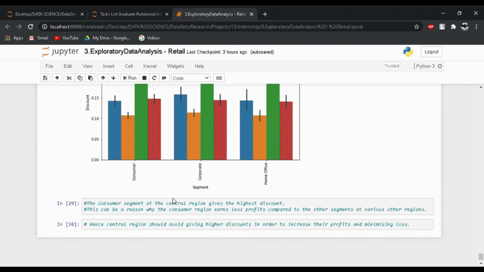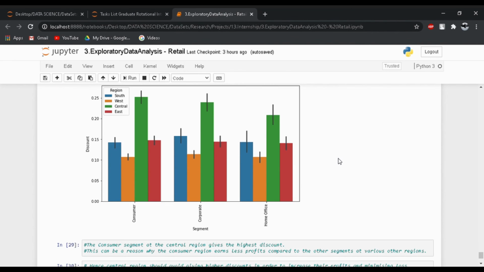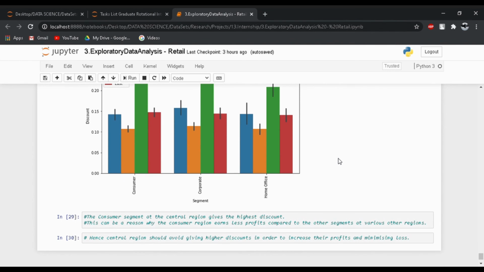This can be the reason why the consumer segment earns less profits compared to the other segments and various other regions. That's what we have noticed above, that the central region gives more discount and that might not lead to higher profits, so that thing must be kept in mind. All right, and some work must be done by the central region.